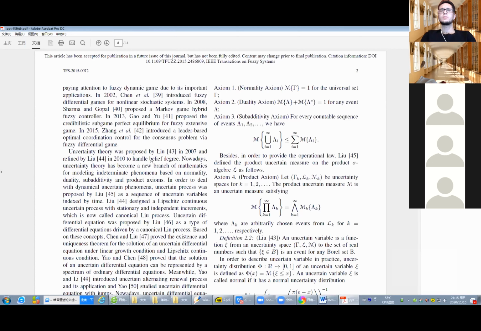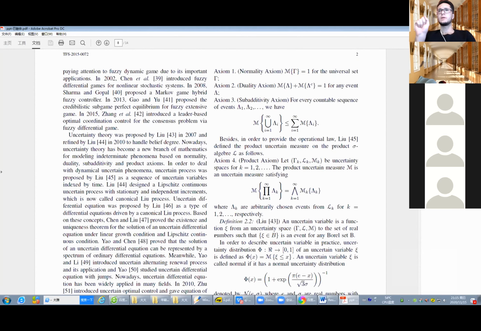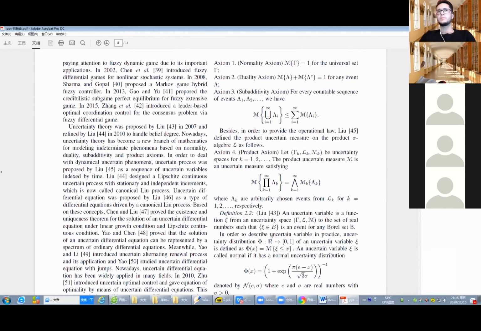Can you say what is the solution of an uncertain equation? I know the solution of a stochastic differential equation is a stochastic process, right? And the key difference is that it is non-differentiable, right?